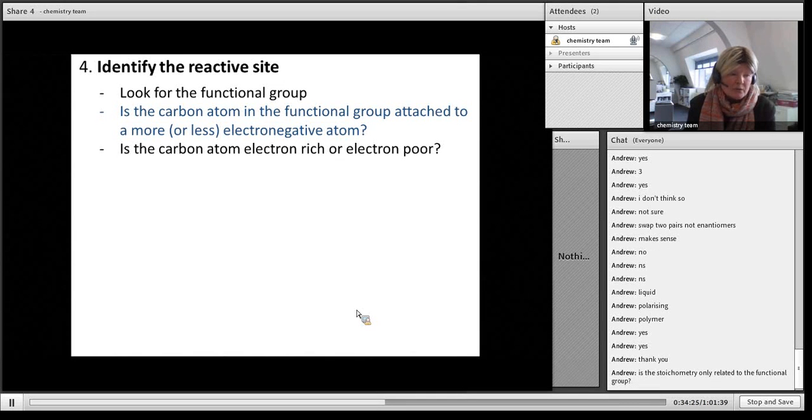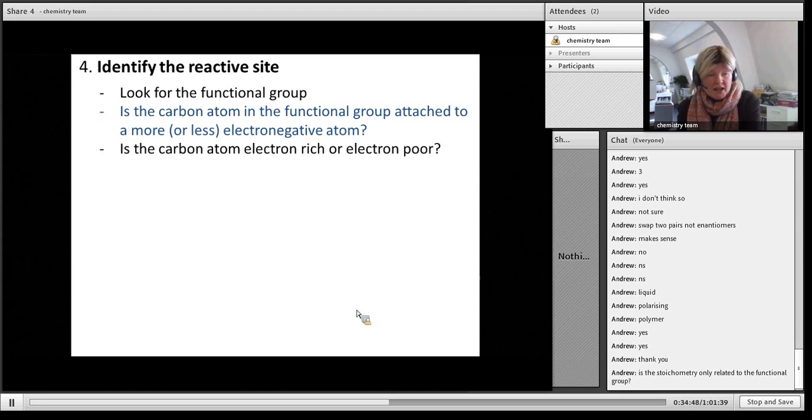Is the stoichiometry only related to the functional group? Okay, by stoichiometry we use that word when we talk about balancing equations, like we need 2 of one to react with 1 of the other, or we need 2 of this to react with 3 of that. That's just with a balanced equation.